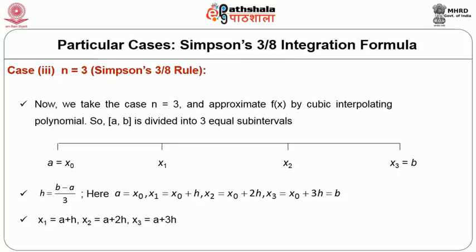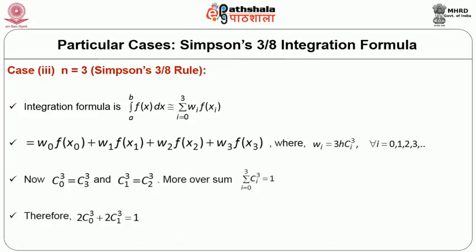Again, let the points be uniformly spaced, equidistant, for our convenience, because the general formula of Newton-Cotes coefficients that we derived used uniformly spaced points. So x1 is a plus h, x2 is a plus 2h and x3 equal to b can be said as a plus 3h, and h is given by (b minus a) by 3.